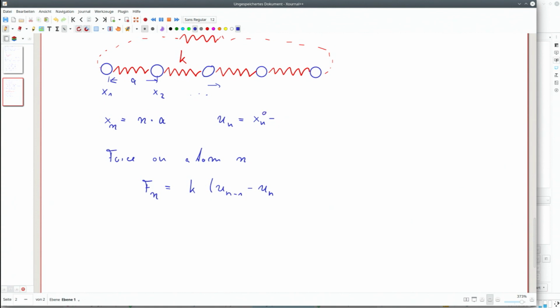So these are the equilibrium positions xn0, and this un is just the displacement.